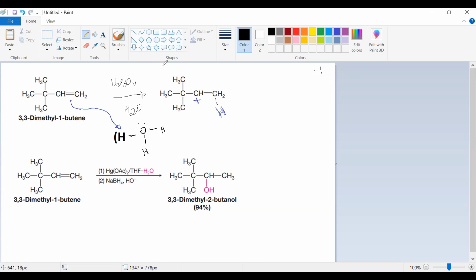Once you have that, you get this. The arrow from your alkene will always come from the one containing the electrons.